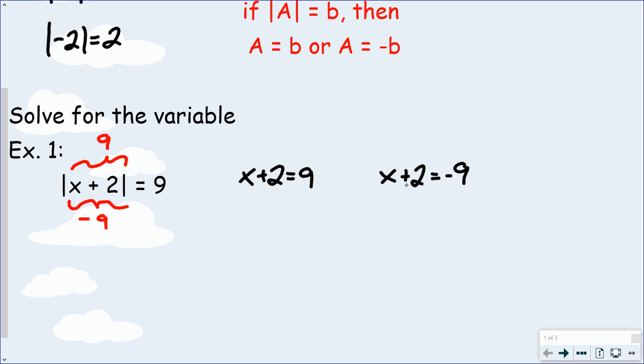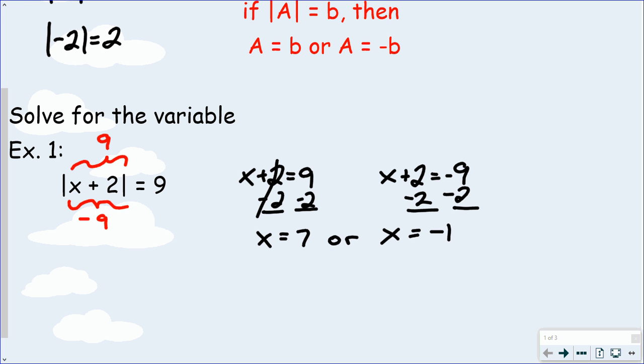So you can see we're going to have two answers when we have an absolute value equation. Then we're just going to solve these the way we've always solved equations, using opposite operations. Subtract 2 from both sides, I get x equals 7, or subtract 2 over here, and x equals -11.